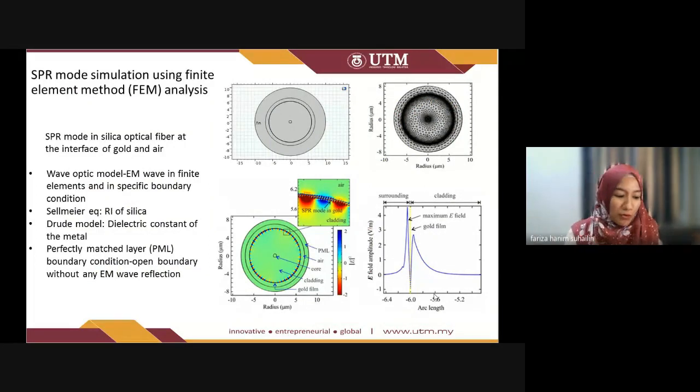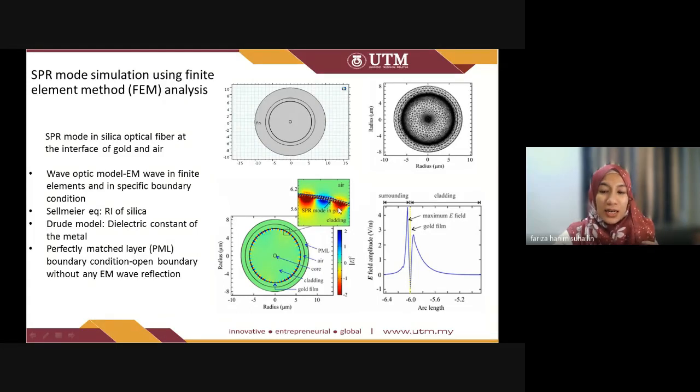So before we can move there, it's always good to start to experiment with the simulations. So I use the finite element method where I have developed a model of 12 micron diameter tapered optical fibers coated with a 50 nanometer layer of gold, and we have suitable boundary conditions, meshing the structures and the model, and you can see, you will be able to excite the plasmonic modes in the gold layer here.